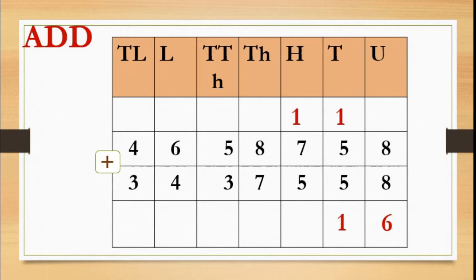Right? 1 we will write, 1 is carried over to the hundreds place. Then here 1 plus 7 plus 5 is 13. So 3 here, 1 is carried over to the thousands place. Then 1 plus 8 plus 7, that is 16. 6 we will write down and 1 is carried over to the 10,000s place.